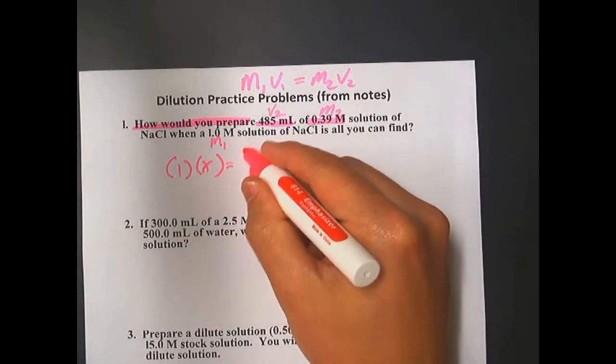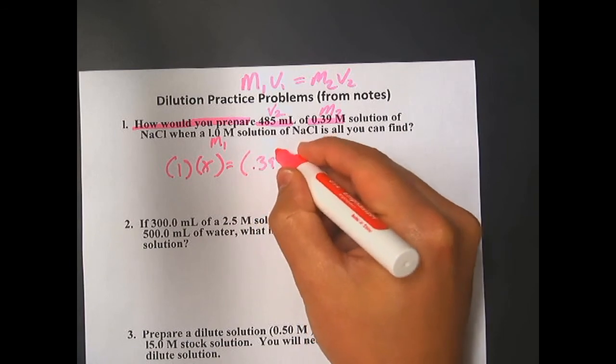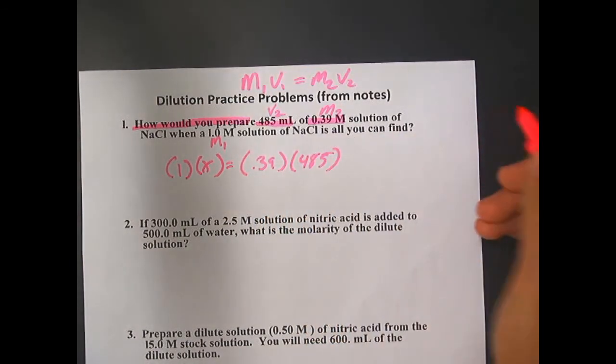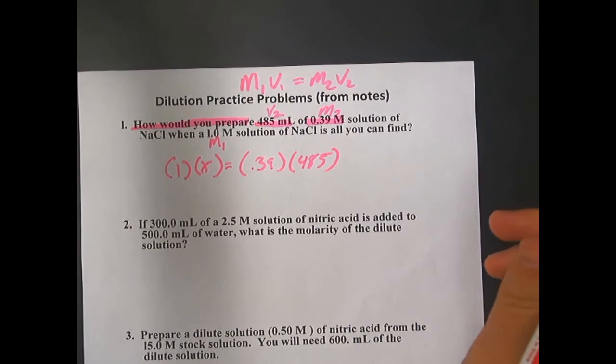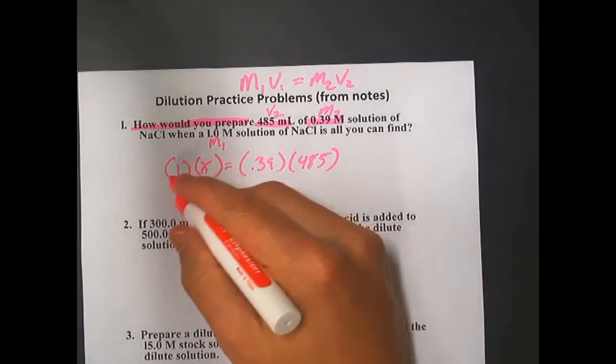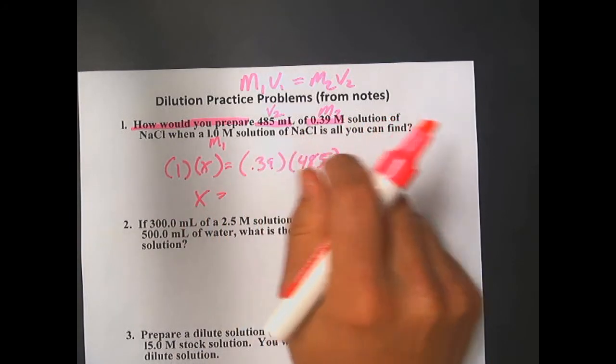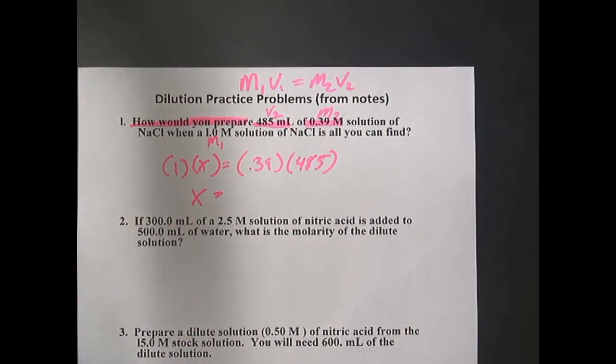M2 V2: 0.39 times 485. Again, it's okay that it's in milliliters, just means my final answer will be in milliliters. Well, this is pretty simple, 1x over here. So all I have to really do is multiply 0.39 times 485.